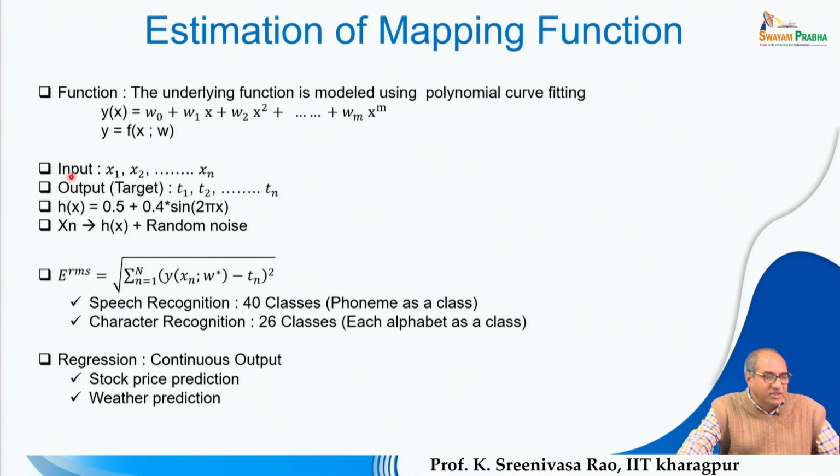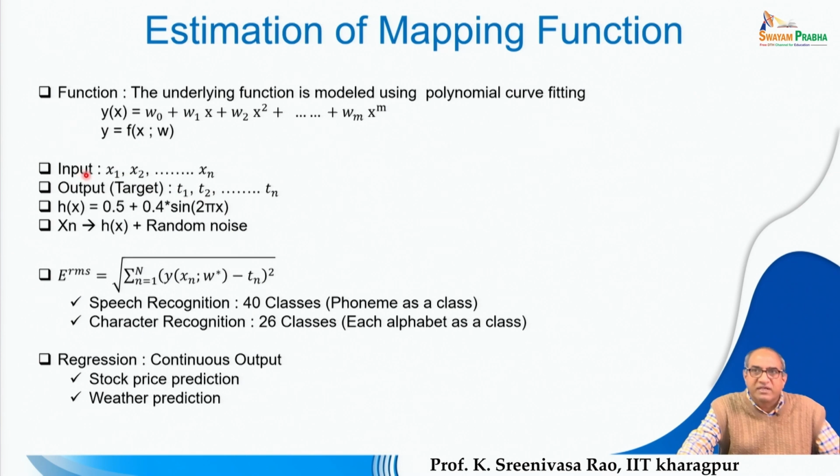Here we consider the inputs to be x1, x2, up to xn. For these inputs, the corresponding outputs from the system will be t1, t2, up to tn.